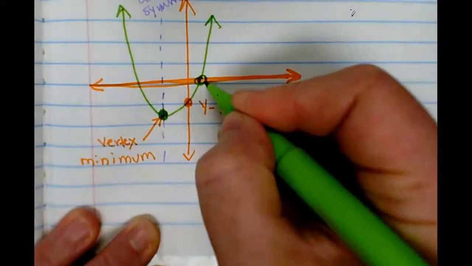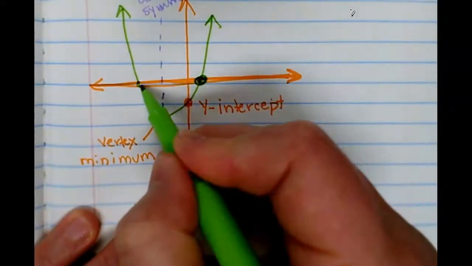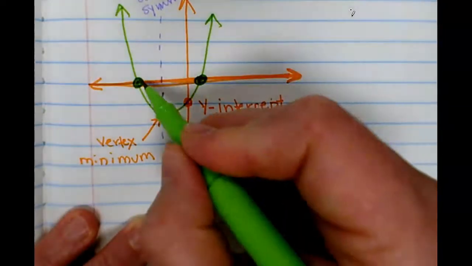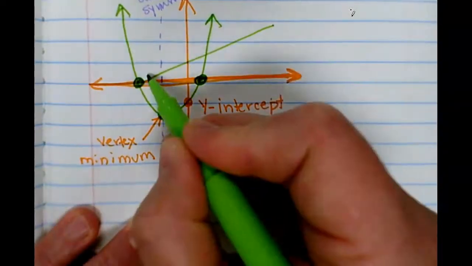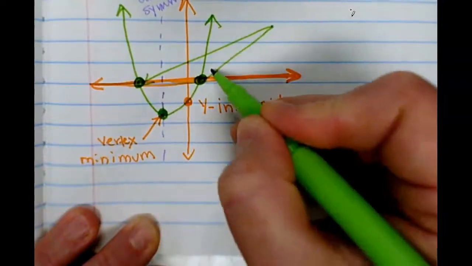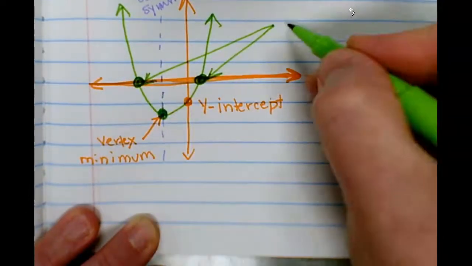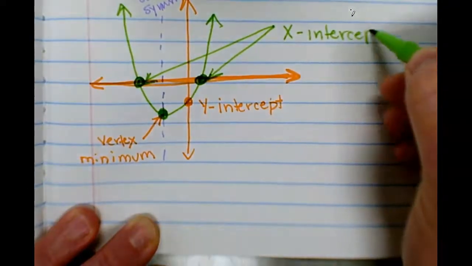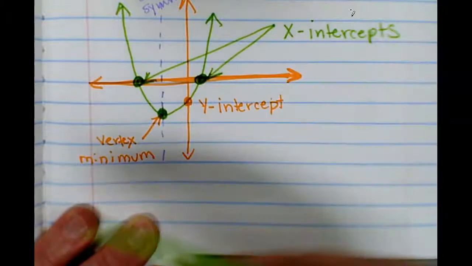What do I call this point and this point? The x-intercept, we're going to add that in there. This point and this point, those points right there are called x-intercepts.